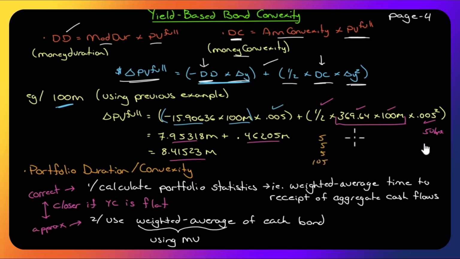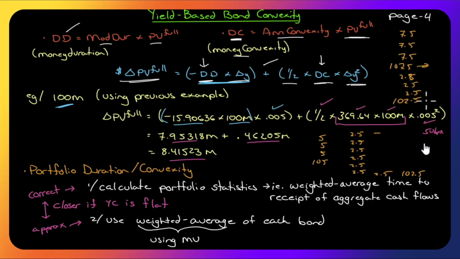And we have another bond that is, let's say, 2.5, 2.5, 2.5, 2.5, 2.5, 2.5, and 102.5. In a portfolio, it would be 7.5, 7.5, 7.5, 107.5, 2.5, 2.5, 2.5, and 102.5.